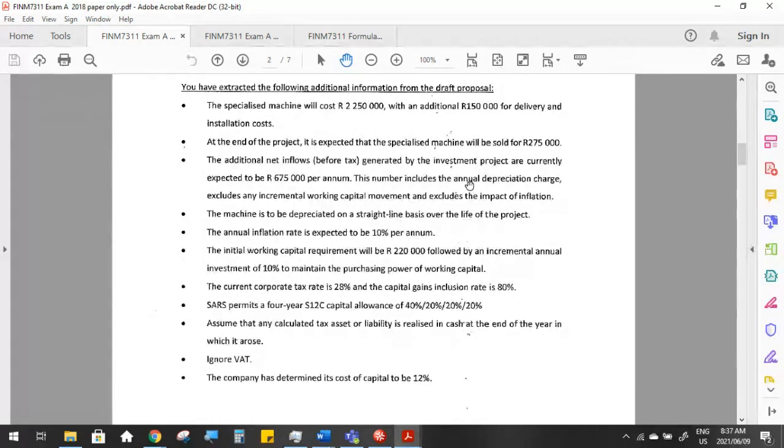And that number includes the annual depreciation charge. In other words, we've deducted depreciation in order to calculate that amount, but it excludes any incremental working capital movement, and it also excludes the impact of inflation. So you need to read that carefully so that you've got the amount and you know what adjustments you need to make to that amount in your question. We'll go through it when we look at the memo.